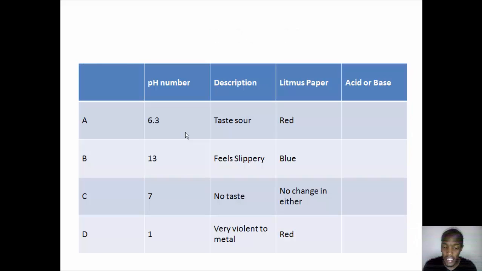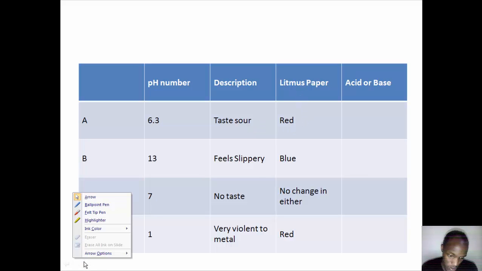Let's play a game of name that substance, acid or base. We're going to see if we can identify, based off of these characteristics, which one is the acid and which one is the base. We have a pH of 6.3, tastes sour, and it turns litmus paper red, or keeps it red.